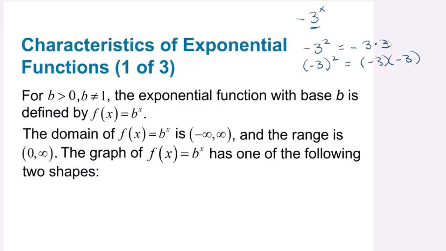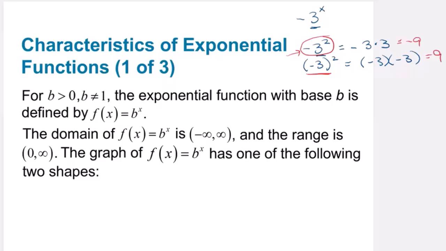The exponent only acts on what it's next to. That squared is just next to the 3. It is not anywhere near that negative sign. We would only square the 3. If we put parentheses around it, now it's next to the parentheses. We square whatever's inside of the parentheses, and this is equal to positive 9.